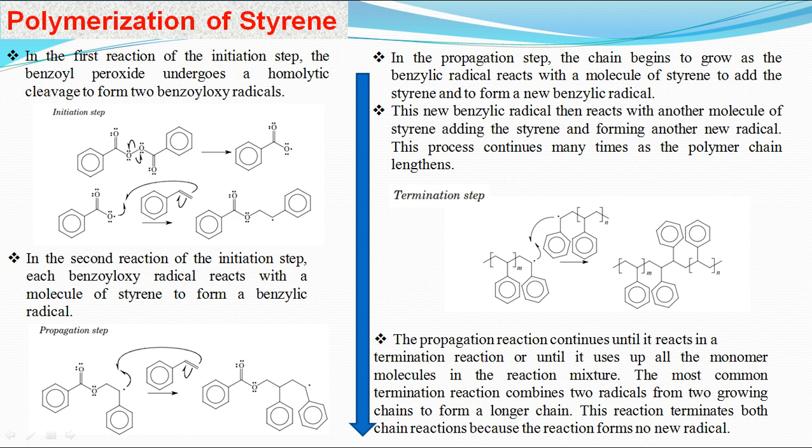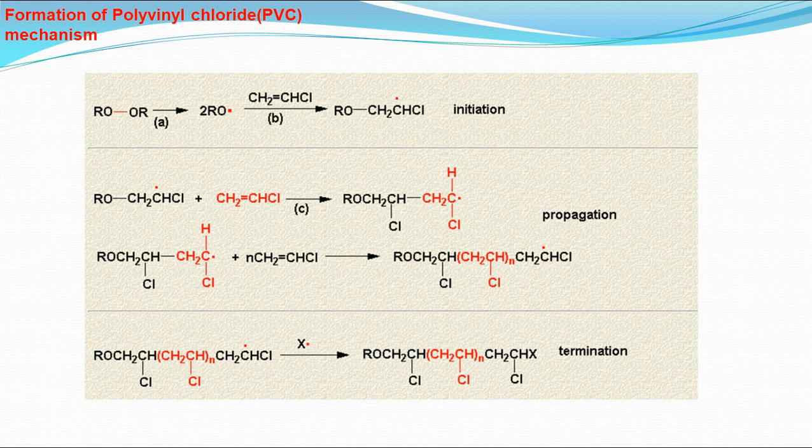In the propagation step, the chain begins to grow with another styrene molecule. When continuously adding styrene molecules, it produces a long polymeric chain. Then finally the chain is terminated by removing the radical from the polymeric chain.